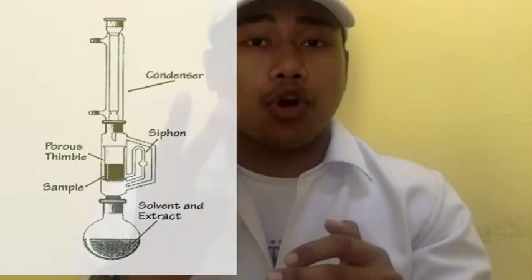The second main component is the thimble. The thimble is usually made of thick filter paper that functions to retain the solid from the solvent used to extract it. And the last component is the siphon mechanism that continuously empties the thimble.